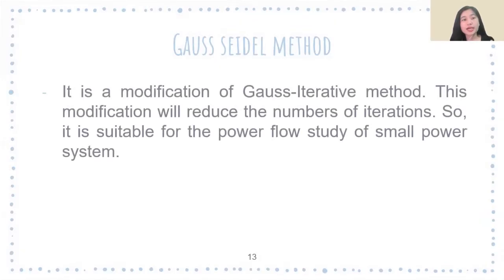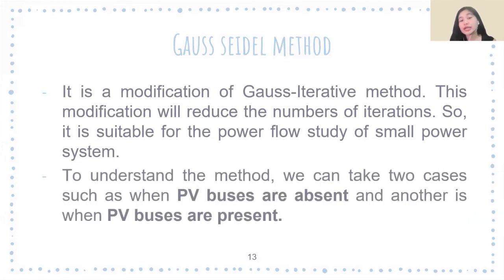Next, it is known to be a modification of the Gauss iterative method, and this modification reduces the number of iterations. So it is suitable for the power flow study of a small power system. To understand the method, we can take two cases: when PV buses are absent and when PV buses are present.